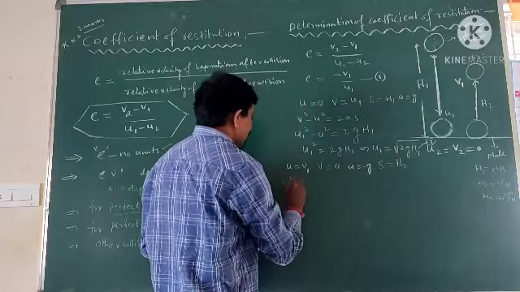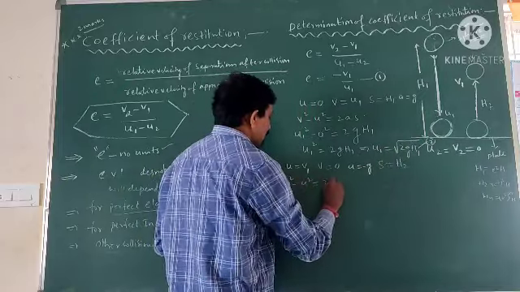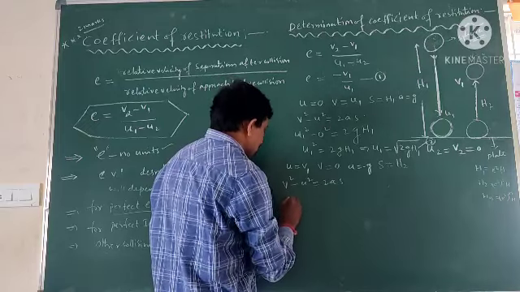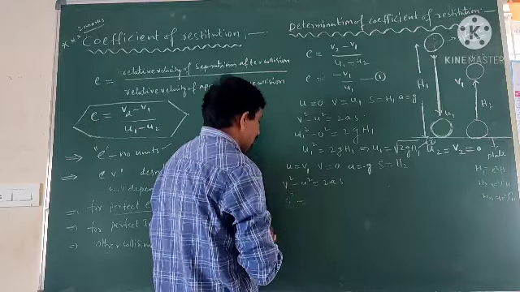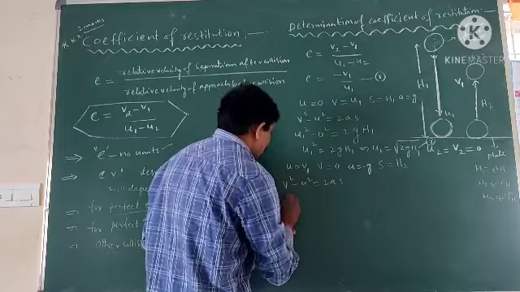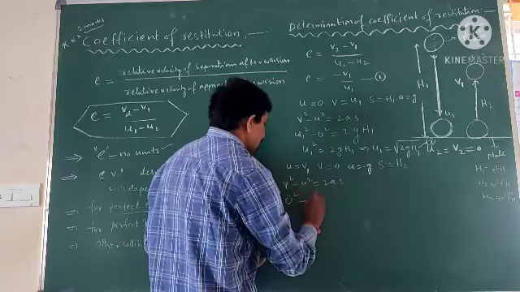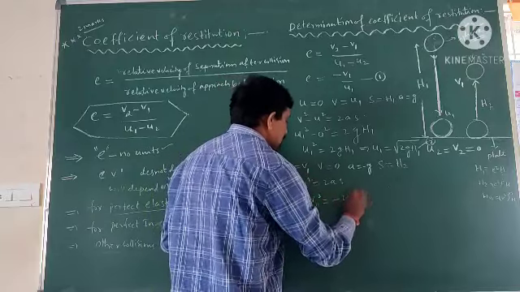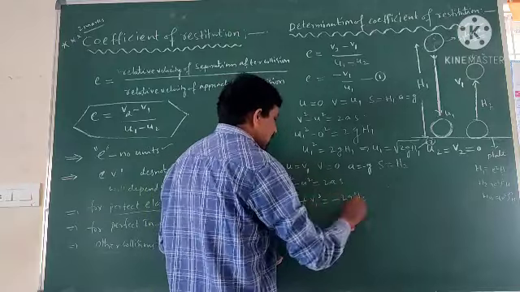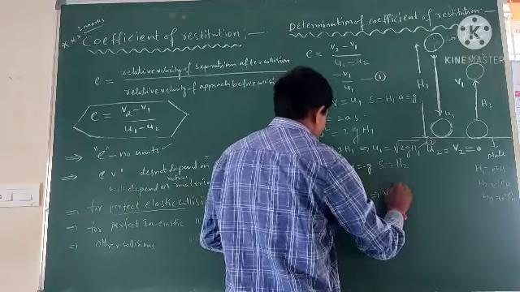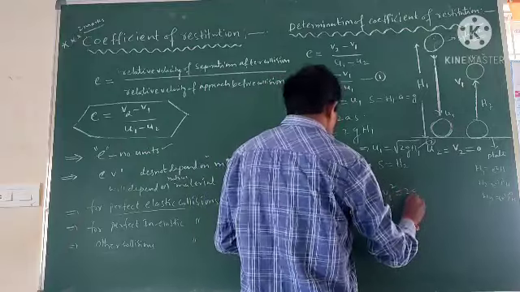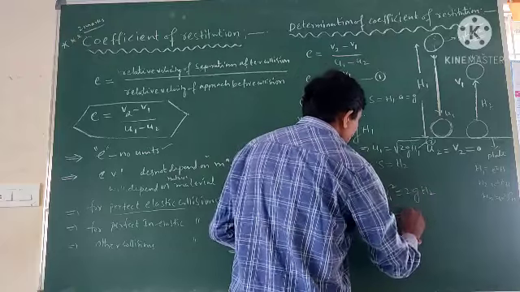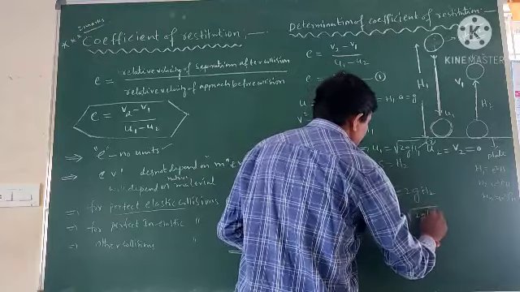So substituting these values in v square minus u square is equal to 2as, 0 square is equal to v1 square minus 2g h2. So v1 square is equal to 2g h2, or v1 is equal to under root of 2g h2.